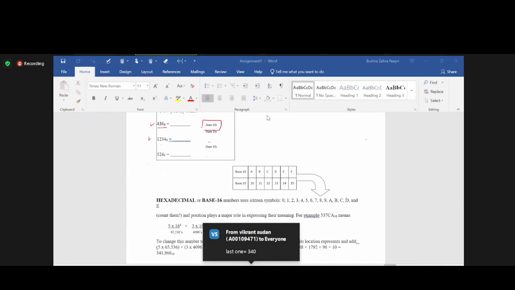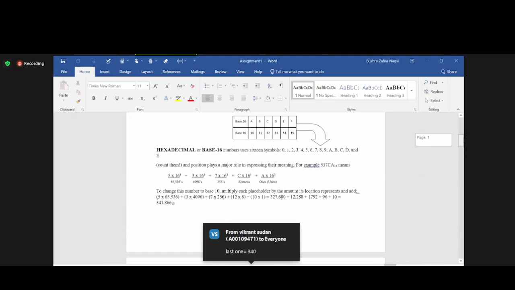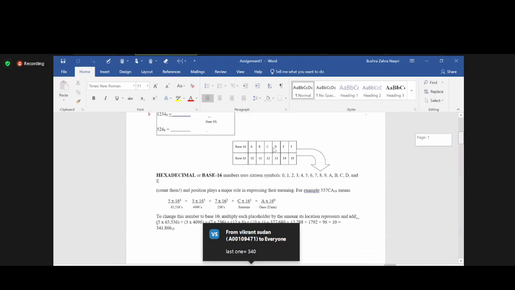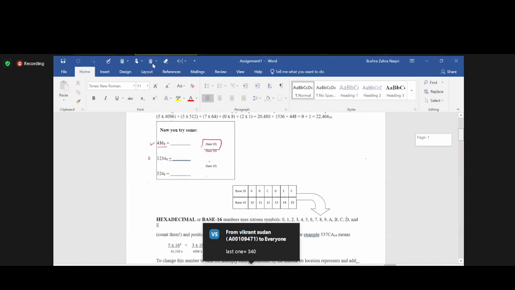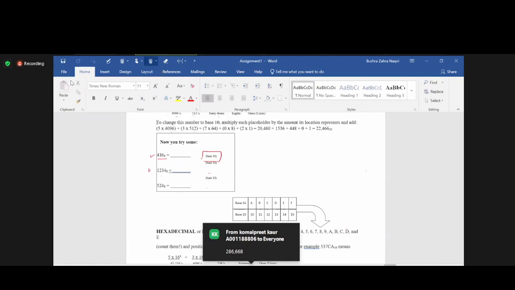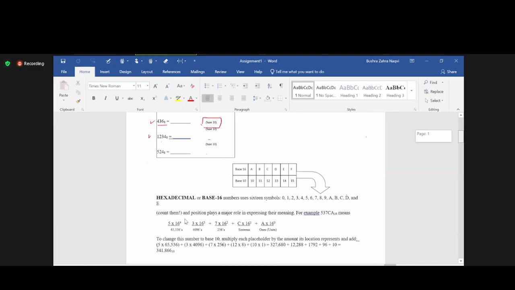Yes. All right. So I have another number, from hexadecimal to base 10, right? So now let's convert from hexa to base 10.